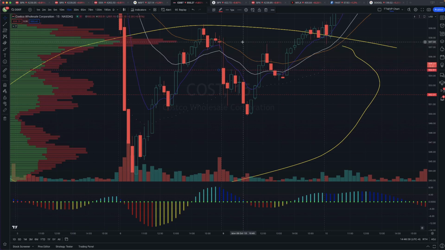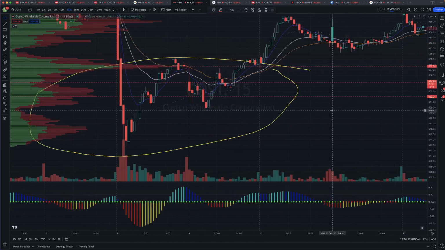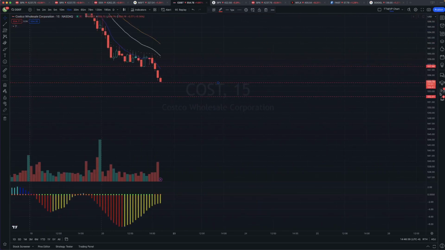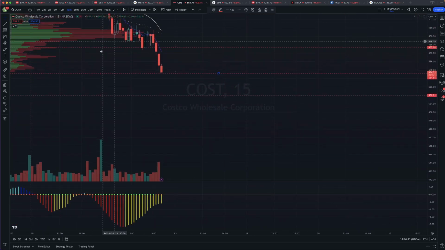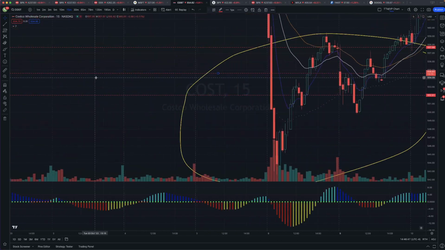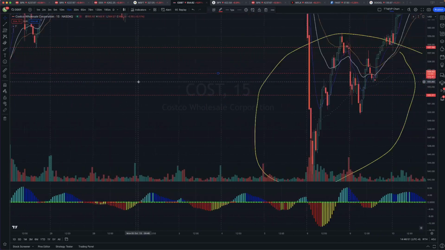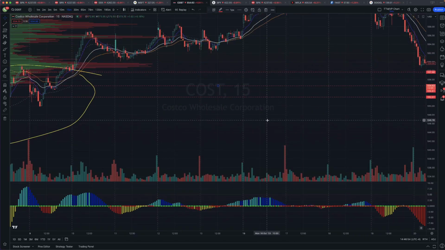And then this one's such a big VP level, I'm going to put a line there. Now when I come back out and I'm looking for support and resistance over here, I know we're coming into this point of control that I had just drawn. Or is that the value area high? Sorry. That might be the value area high. Where's my volume profile? There it is.